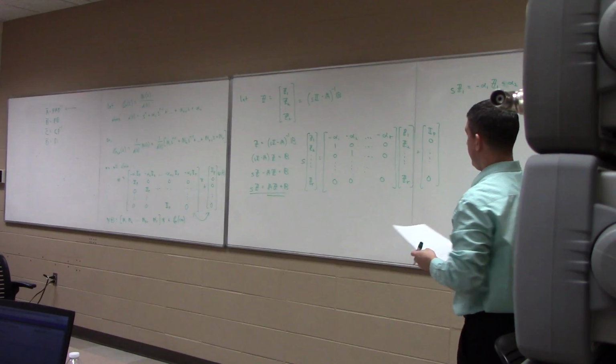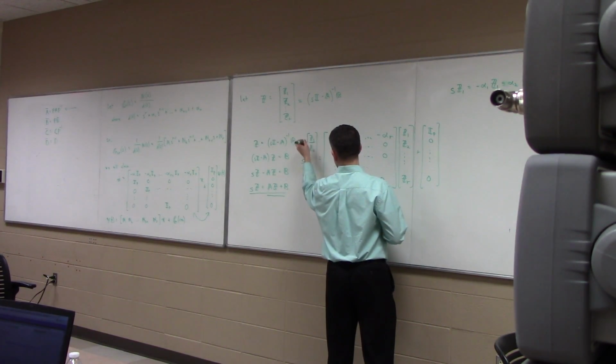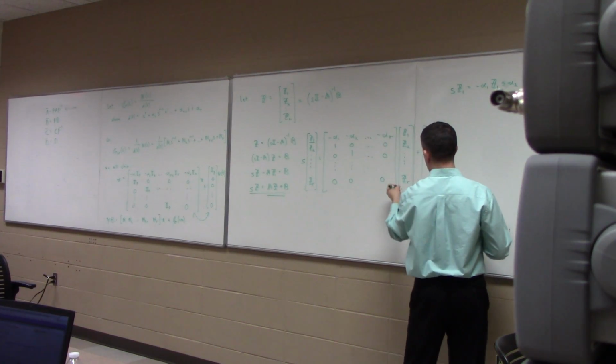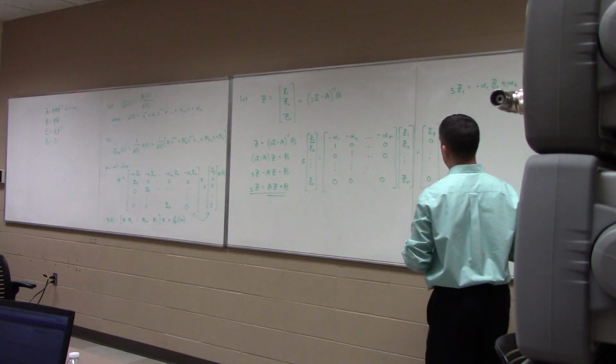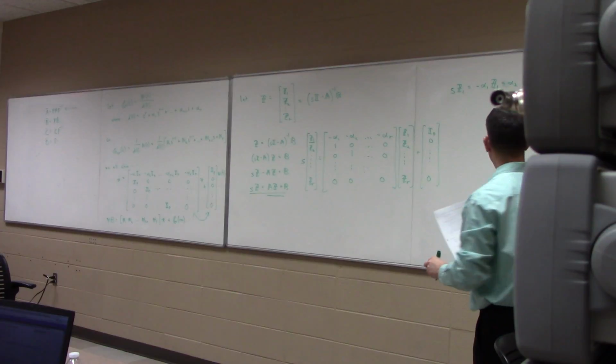Everybody get that from that? Just this first row. I'm going to multiply this whole top row times that, and then I'll get that. Everybody follow that thus far? Okay.